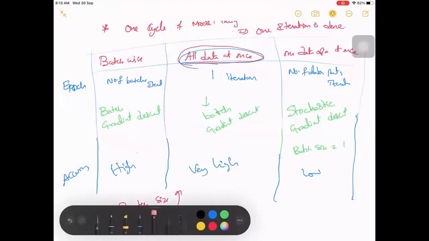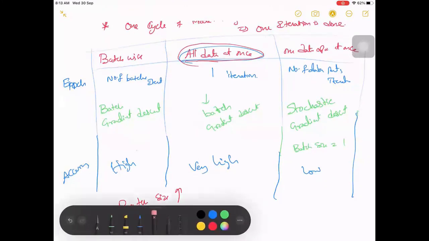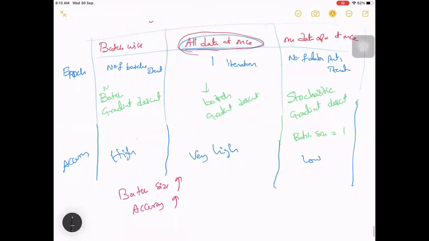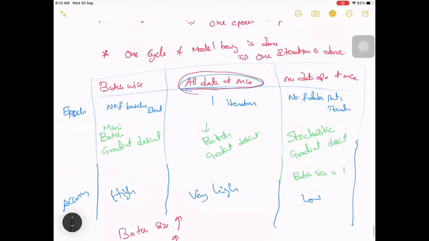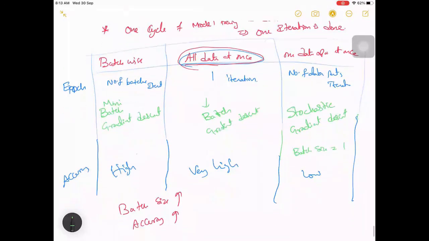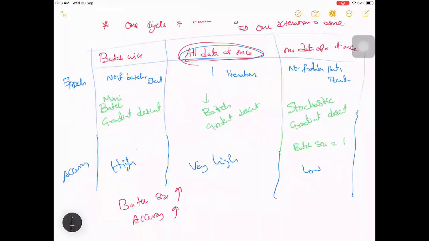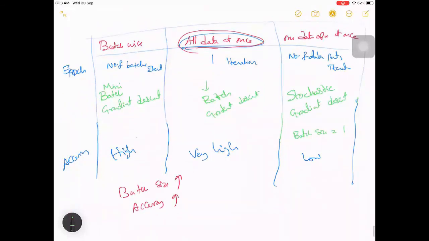And if you send smaller batches, in the sense that you send your data in a few batches, it is called mini batch gradient descent. This is the difference; a small correction needs to be taken. Other than that, the rest of the terms are fine. So if you send data batch-wise, we call it mini batch gradient descent. If you send all data at once, we call it batch gradient descent. And if it is one data point at a time, we call it stochastic gradient descent.